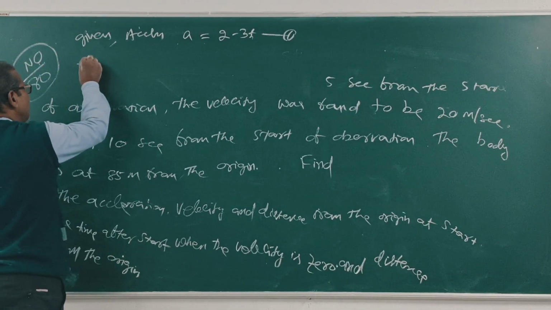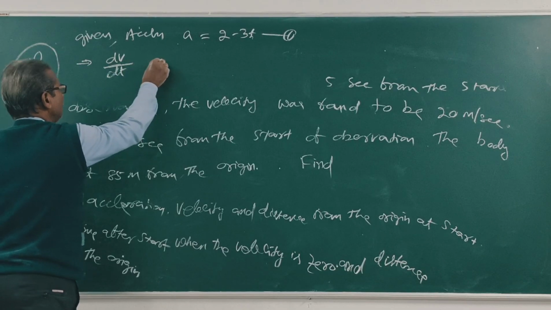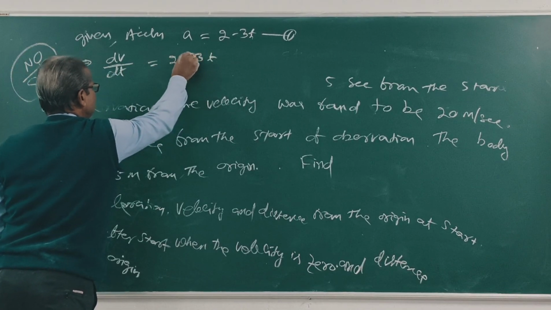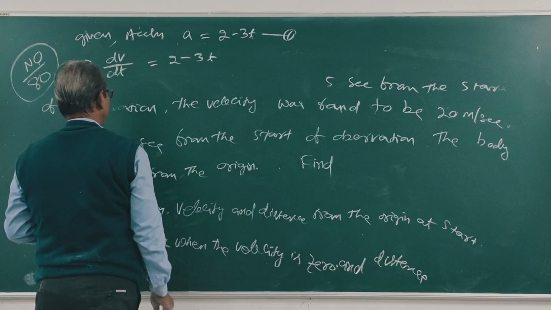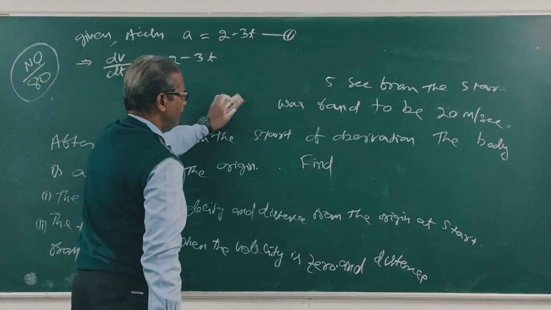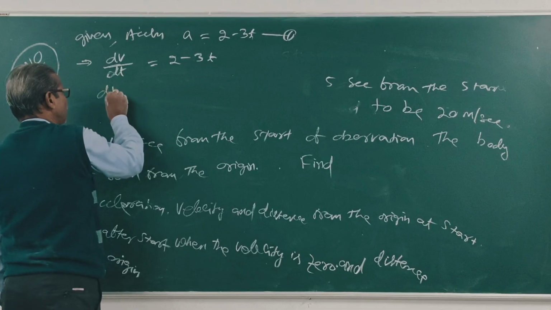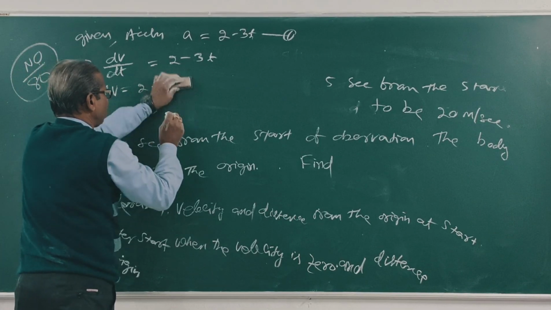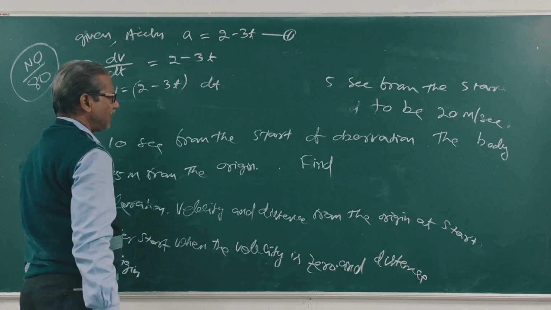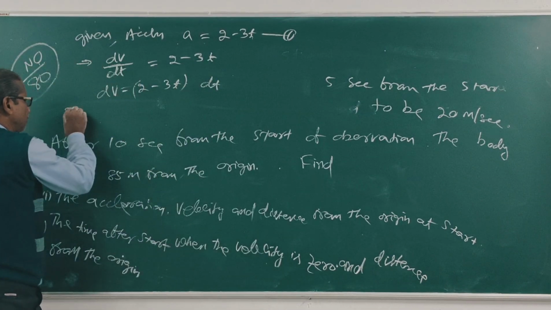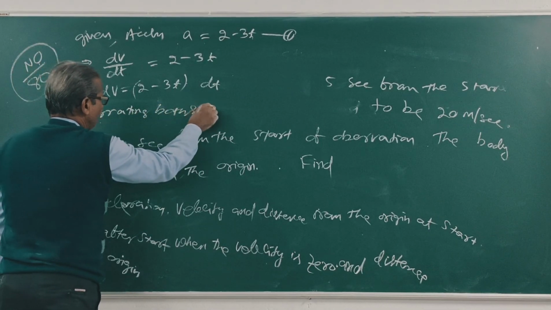This implies dv/dt = 2 − 3t. Clear? This implies dv = (2 − 3t) dt. Integrating both sides.